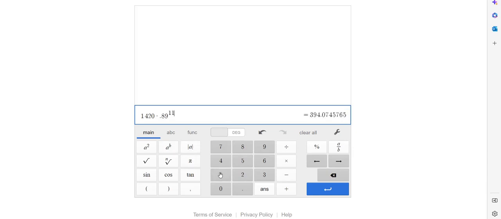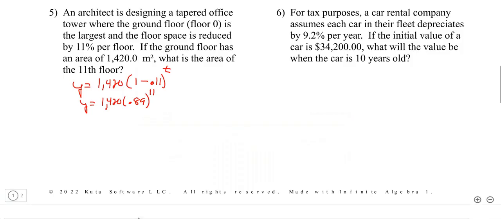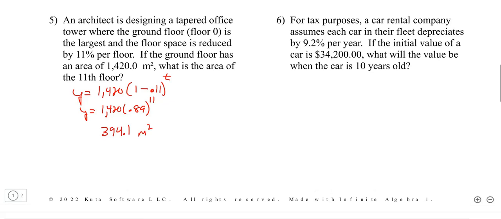So we see our answer here is 394.0745765. And once again, if we round to the nearest tenth, that's going to be 394.1. So the area of the 11th floor will be 394.1 square meters. All right, now on to question number 6.